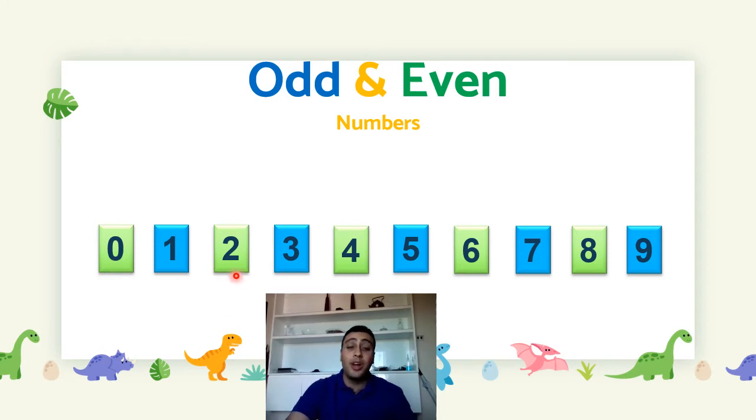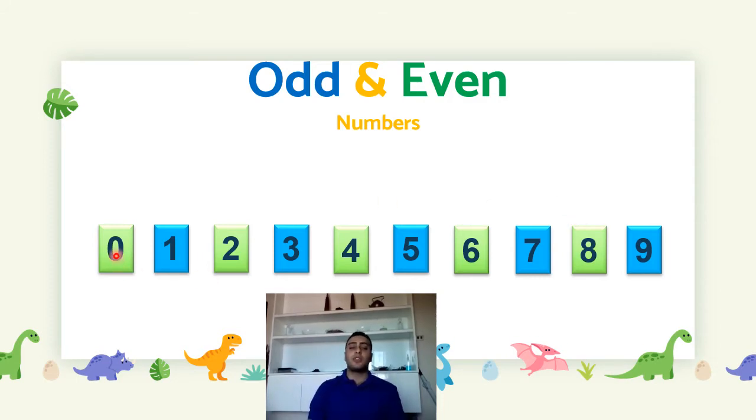Number 2 is also an even number. So 0, 2, next 4 is also an even number, 6 and 8. You see, it's like a bunny. The bunny jumps 2. Now, these are even numbers.